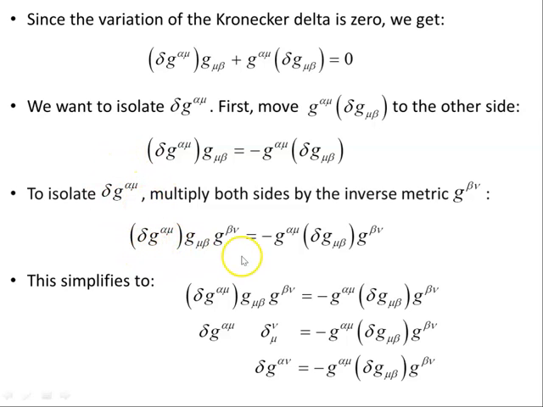So when we do that, we're multiplying on the right here by G inverse, upper indices beta nu, the inverse metric. And notice there's a beta here, there's a beta here. The Kronecker delta will apply between the metric and the inverse metric. The product of those is the Kronecker delta. And then on the right-hand side we must do the same, so we multiply by that G beta nu on the right.